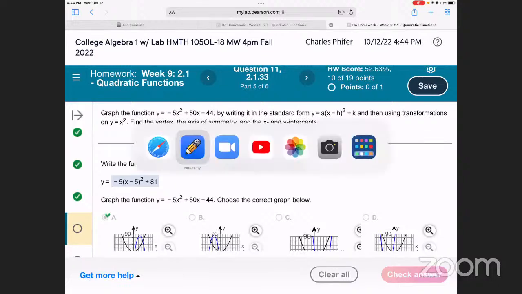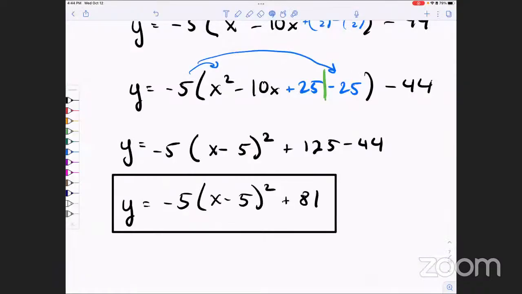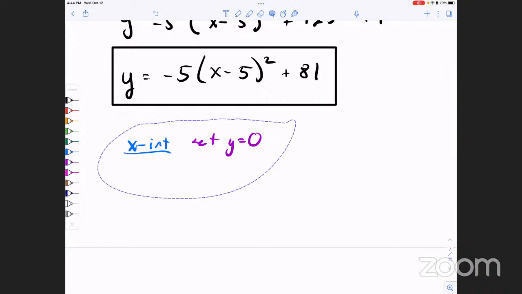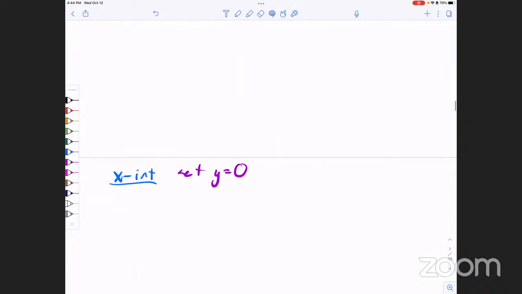I think we have a copy of that already. So if we want to find the x-intercept, we set y equal to 0 and solve. All right. Let's kind of work here. And let me get a copy of this guy.